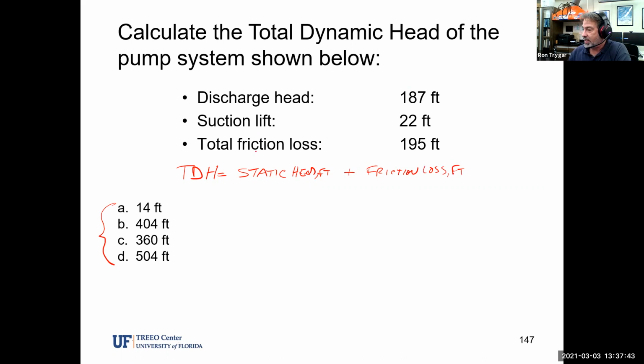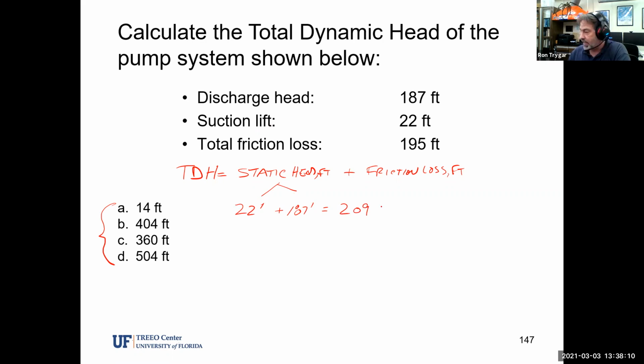So let's plug our numbers in. Suction, static head, we know is the suction lift. So static head is going to be the suction lift, which is 22 feet, plus the discharge head, which is 187 feet. So let's do that calculation. 22 plus 187, and I get 209.